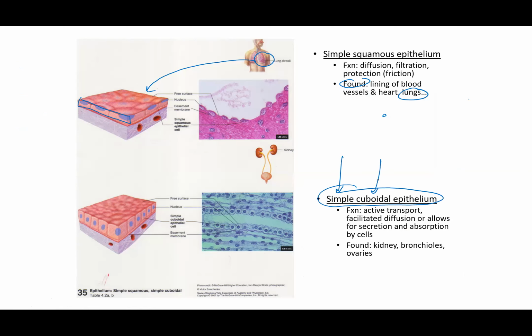So if you go over here to take a look, shaped like a cube. Okay. And then you also notice that it is one layer of bricks, one cell layer thin.